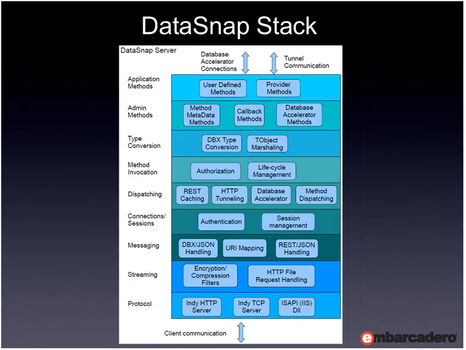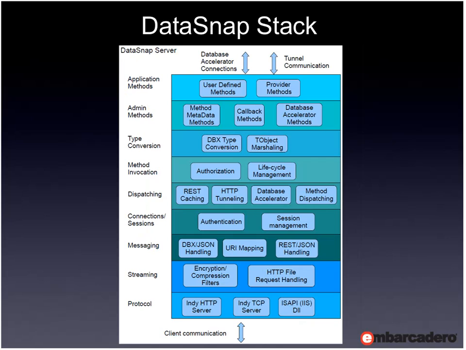And the DataSnap architecture is generalized into a whole bunch of layers, and I won't go through all of these layers, but a lot of it's in there. Things like the application level methods. That's what you do as a programmer. You build methods, build functions that you want to deploy out to these application servers. You want to be able to administer those objects and those servers.